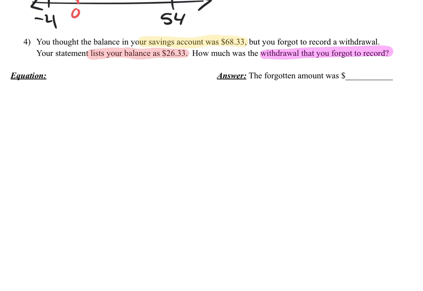Yeah, subtract. Awesome. All right, so take $68.33 minus your $26.33. And what does that give us? 42? Awesome. So we forgot 42. If I plugged it back in, check it, makes sense.